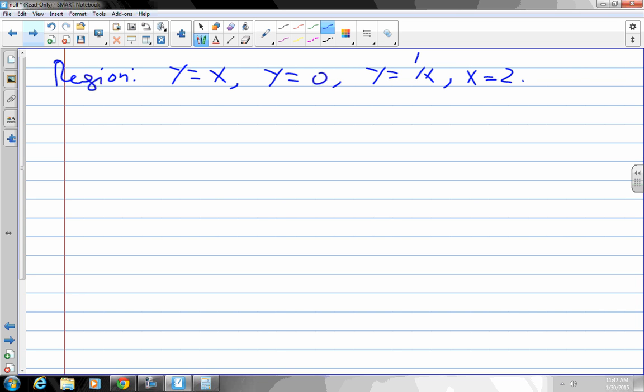So I want us to find the centroid of that. So we have y equals x, then we have 1 over x, and then we have 2.